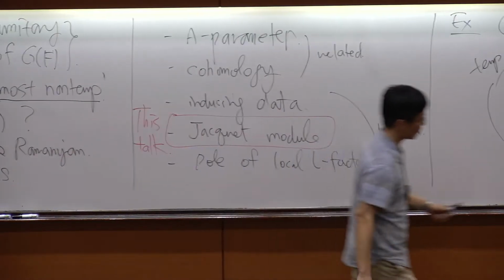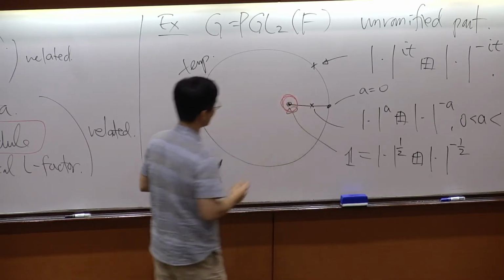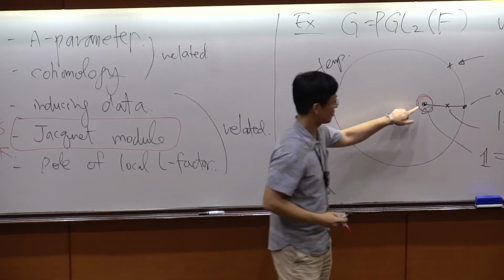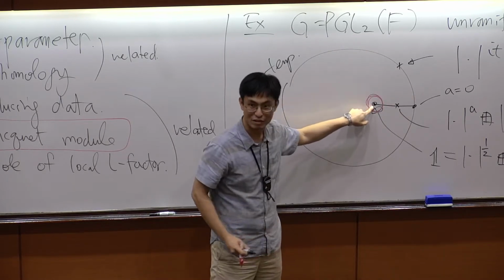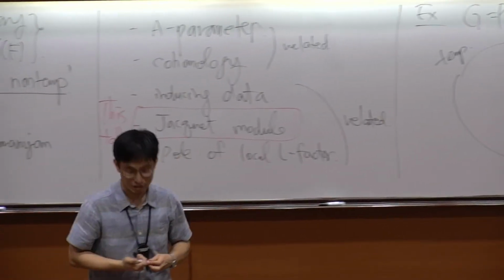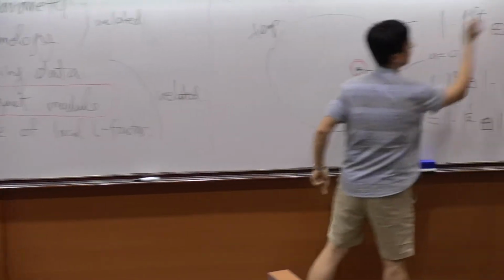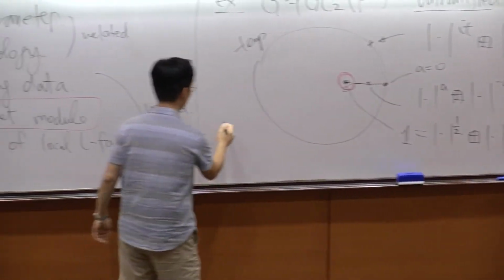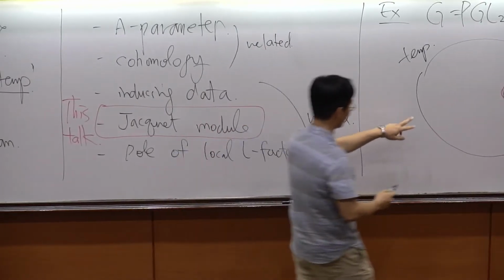The point of my talk is really to identify this one that's the farthest away from the tempered locus, which is the trivial representation in this case. I'm looking at the unramified part, so I don't see it, but Steinberg is a discrete series representation and it's kind of isolated.